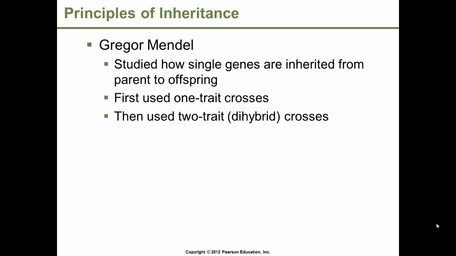He first used a one-trait cross, which was considered a monohybrid cross, looking at one specific trait. Then he followed up with a dihybrid cross, which was basically looking at two traits. Did they have both yellow flowers and elongated pea size?